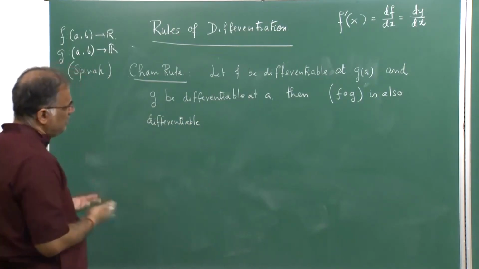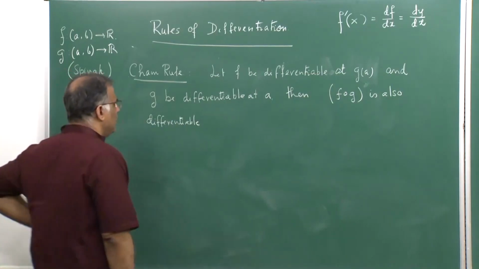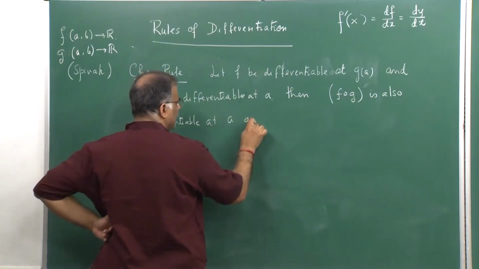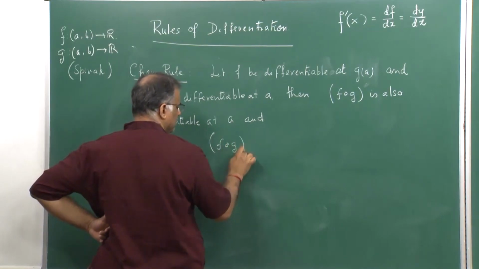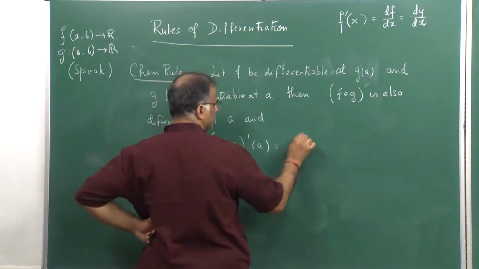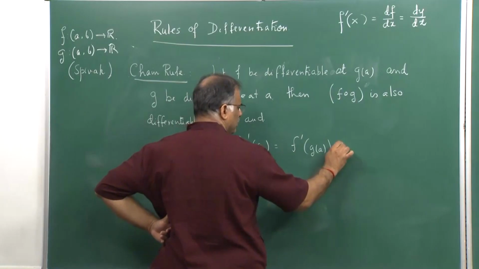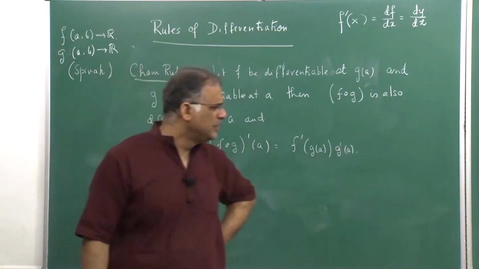You can do it over any open interval or the whole R, does not matter. And this is what you will have, that is exactly the same thing that I am going to repeat here: f dash evaluated at g(a) times g dash(a).